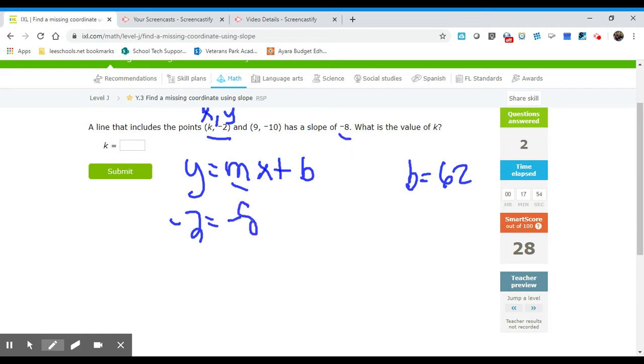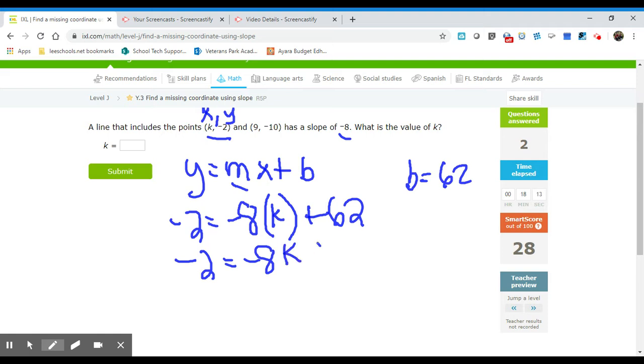I don't know what x is, so I'm going to put k there. And I do know b, it's 62, the y-intercept. So this is going to be -2 equals -8k plus 62.